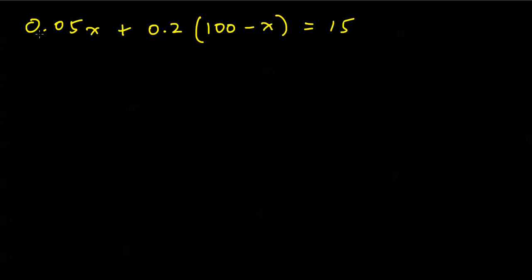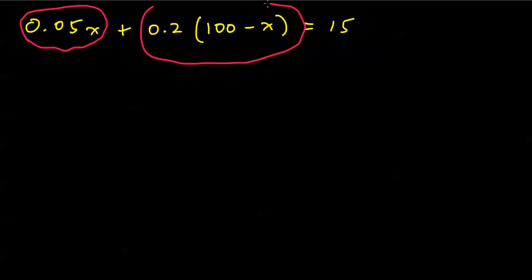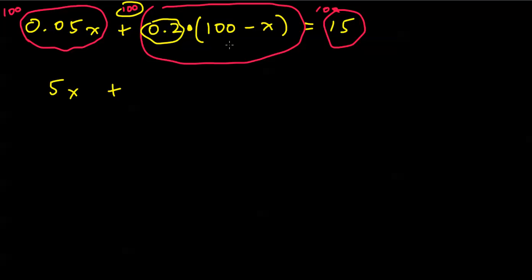So I'm going to multiply all three of these terms by 100, the goal being to get rid of the decimals. 100 times 0.05x is going to be 5x. Plus, now this dot I'm drawing is a product, so I can multiply 100 times 0.2 first, and then multiply by the remaining 100 minus x.